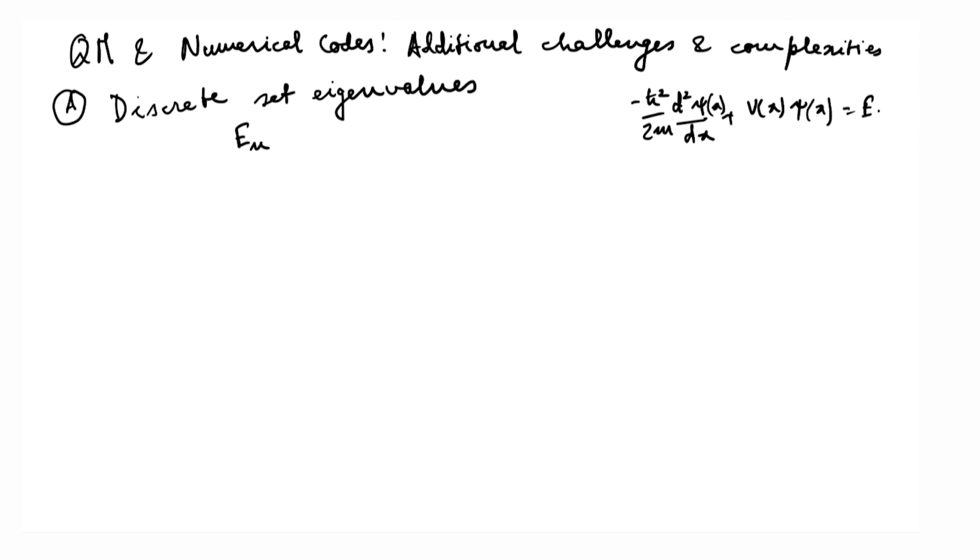One of our unknowns is psi of x. In addition, we have another unknown, which is E n. We do not know what the energy eigenvalues are; we only know that these are a set of discrete energy eigenvalues. Hence both E n and psi of x are unknown here.